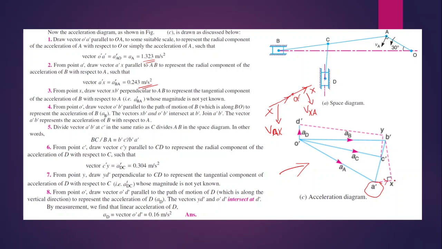Then we can draw a line perpendicular to this radial component of acceleration. This is the line of action of the tangential component of acceleration.